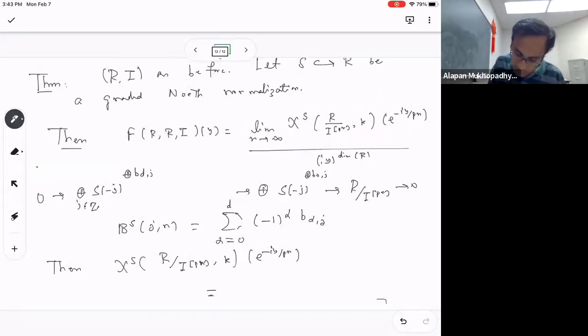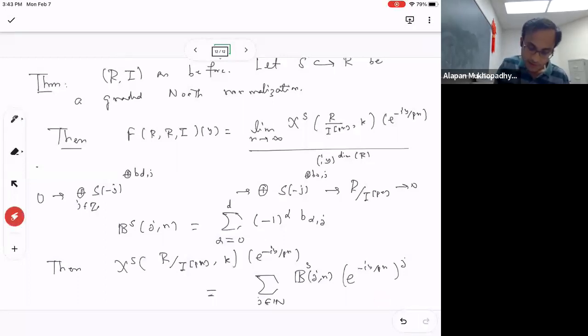That's just a polynomial in e power minus iy by p power n, and the coefficients are given by the boldface b_{j,n}. The sum is over j.